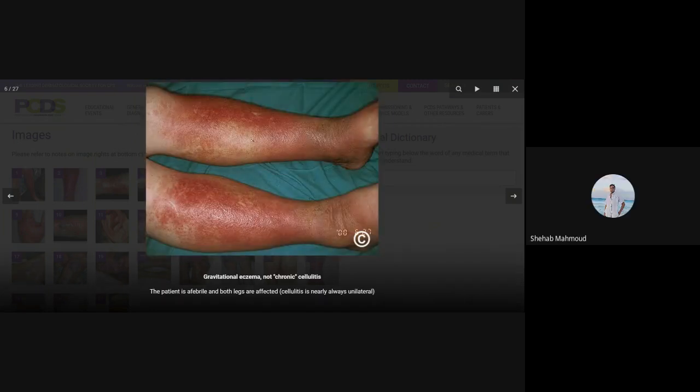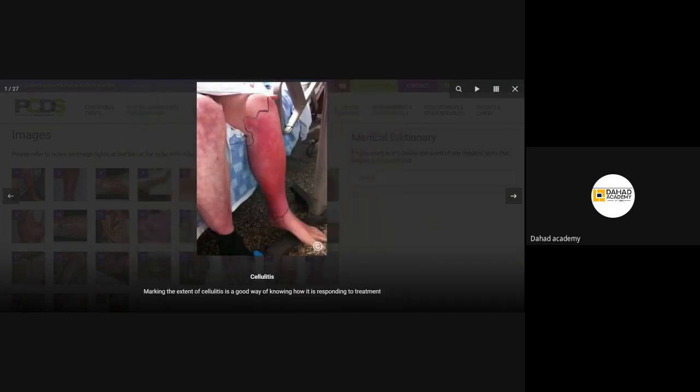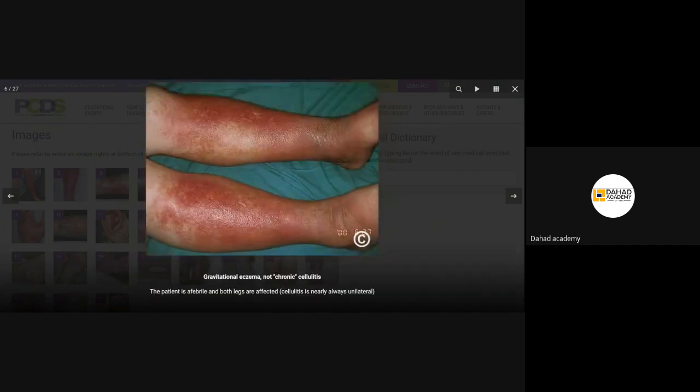This one has changes in both legs, cellulitis only in one leg. If two legs are the same, it means it is not cellulitis. There is nothing called chronic cellulitis. The patient is afebrile and everything is fine, and you will find eczematous changes in both legs.